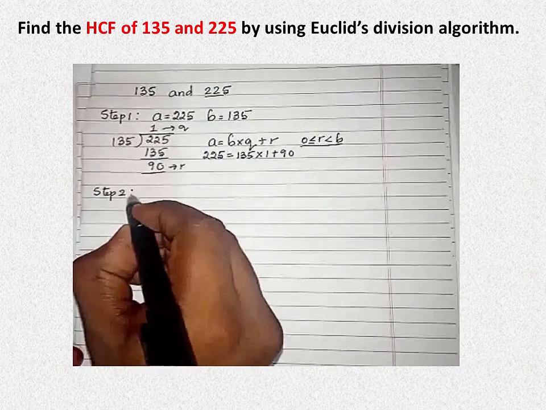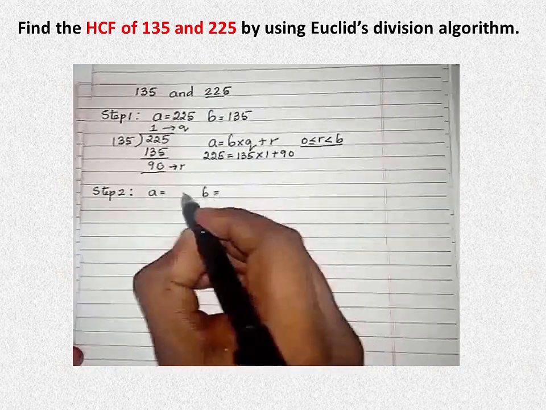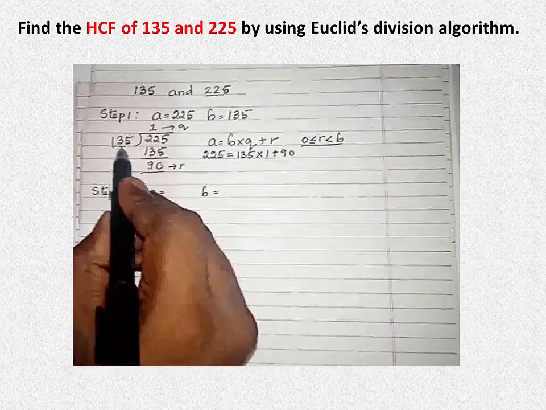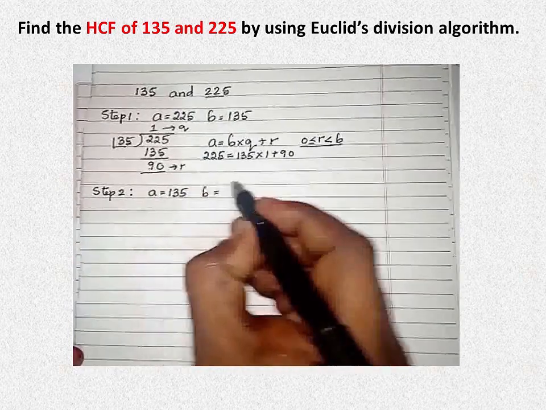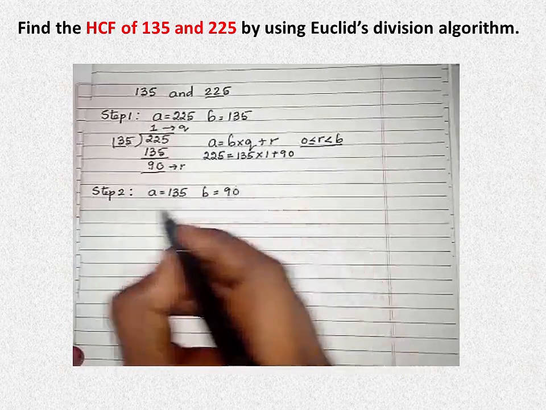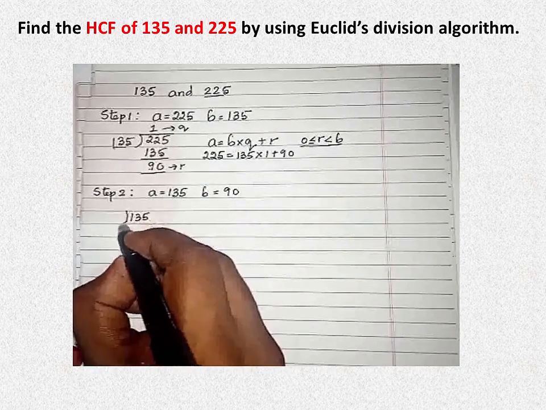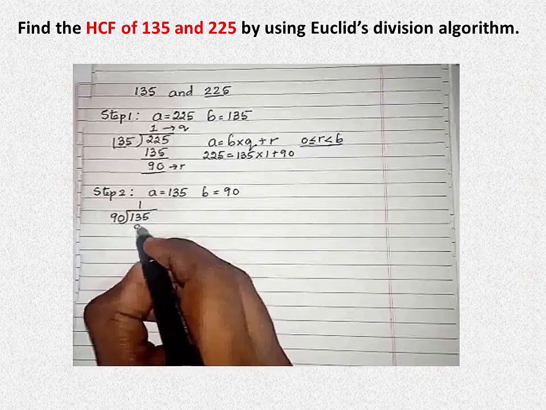Now step 2. Considering the remainder and dividend of step 1, out of these two numbers, the greater number is 135. So A becomes 135, B equals 90. Now divide 135 by 90. 90 times 1 is 90.